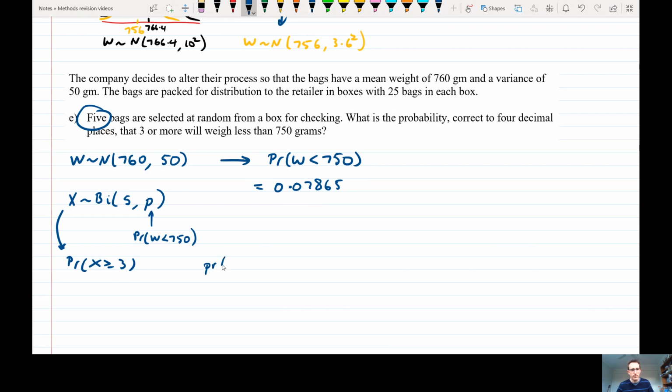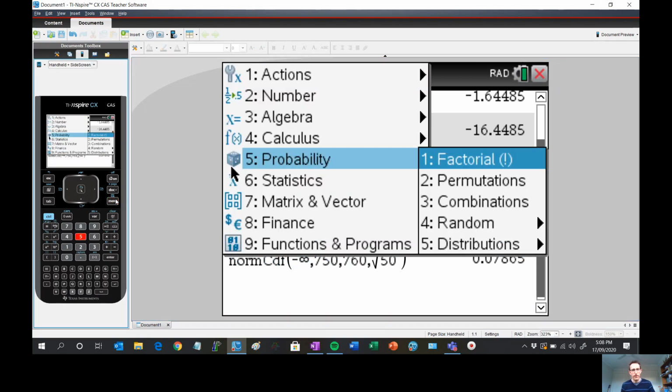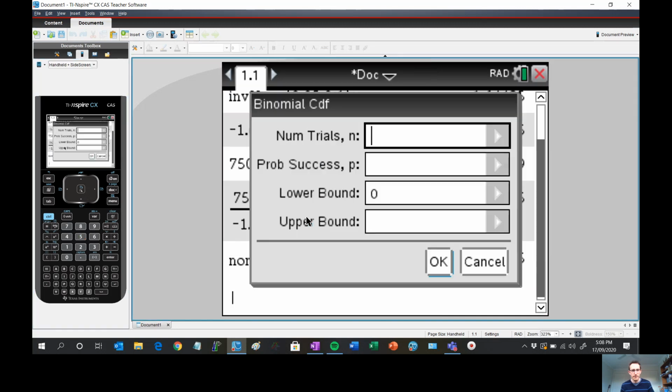Now, when I'm doing this next step, we need to remember that we have a probability of success now of 0.07865. So I'm going to put this into my calculator. Now remember, to do this, we use binomial CDF on our calculator. So we're going to go back in here. We're going to use binomial CDF, which is menu 5, 5, and CDF is hanging down here as letter B. And in here, number of trials is 5.